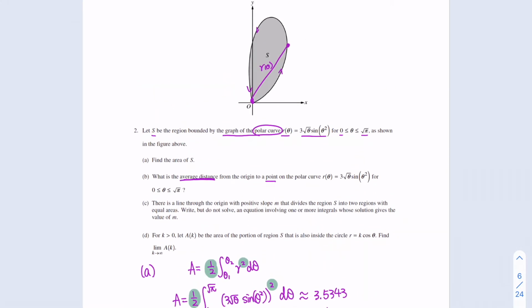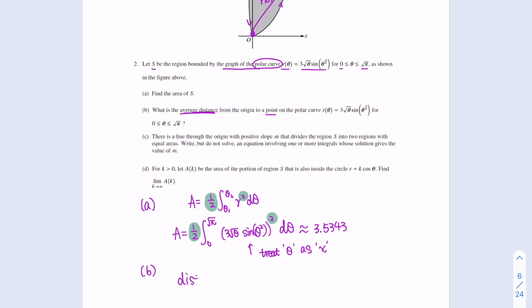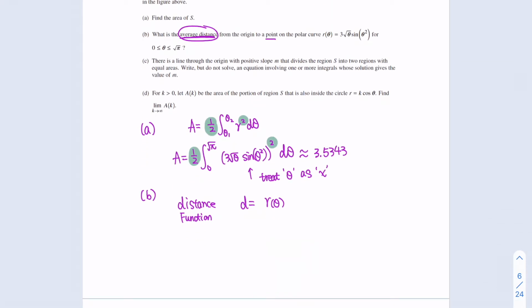First, we have to find the distance. The distance from a point to the origin is the same thing as our function r(theta). So this is the distance function. Now we are trying to find the average distance, so the average value of the distance function. Don't forget the average value of any given function f(x) is 1 over b minus a, integral a to b of f dx.